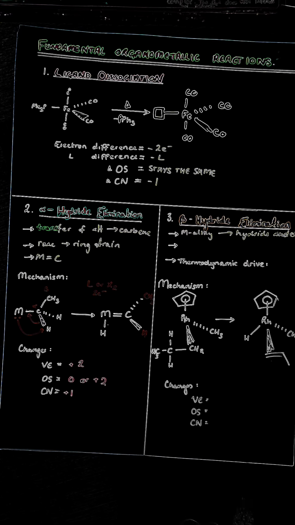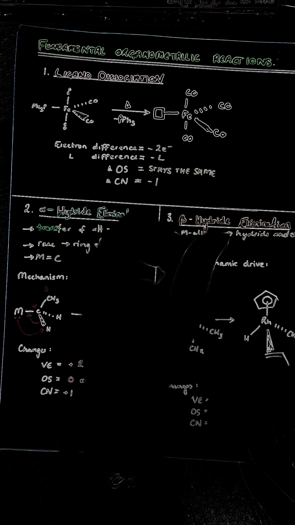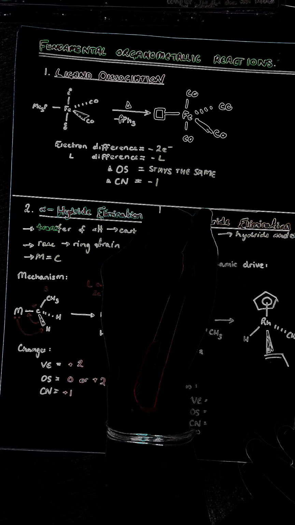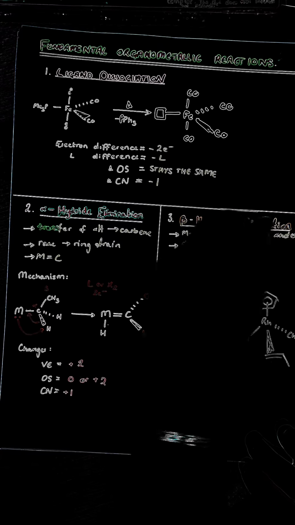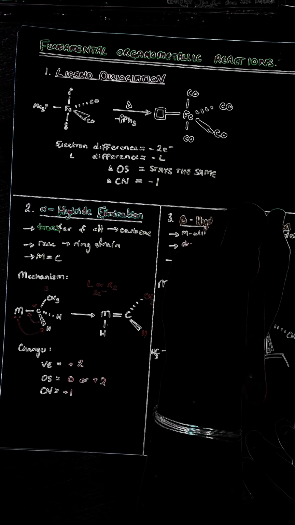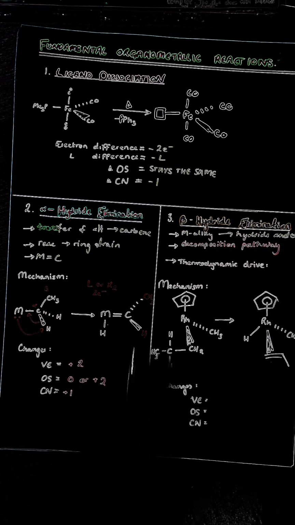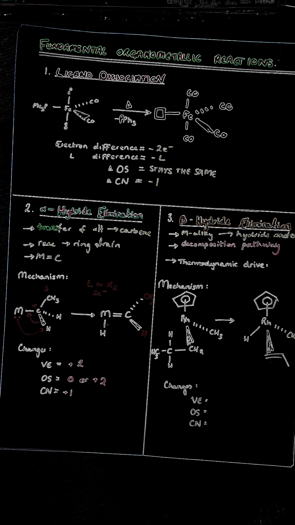So they provide a decomposition pathway, and this is because it loses hydrogen, the volatile gas, which gives a low activation energy route due to close proximity of the beta hydride to the metal.